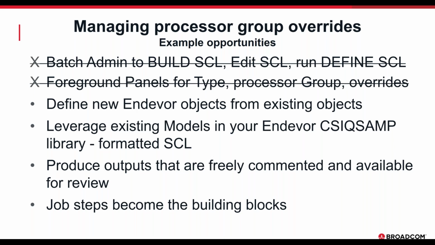And then you would go through and edit that massive amount of output to change it to what you want to be different than what's configured currently. And then you'd run the batch administration again to load that massive amount of data back into Endevor. You'd have to be careful to provide your own audit trail.